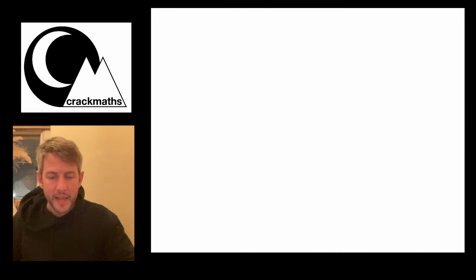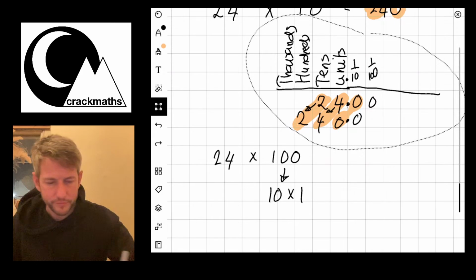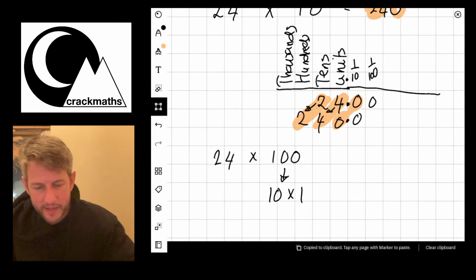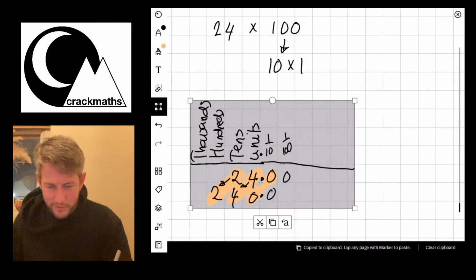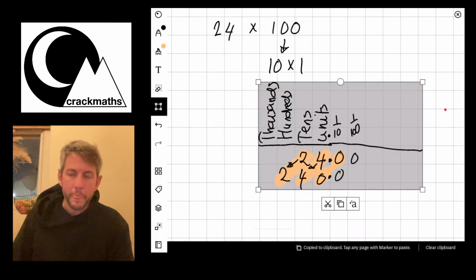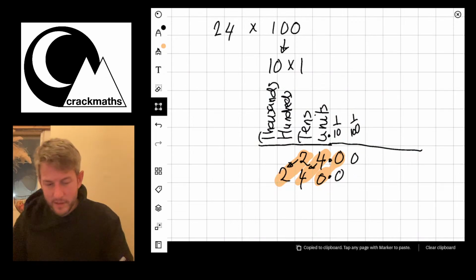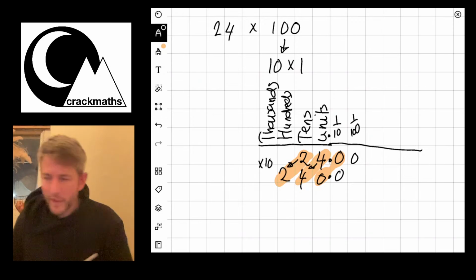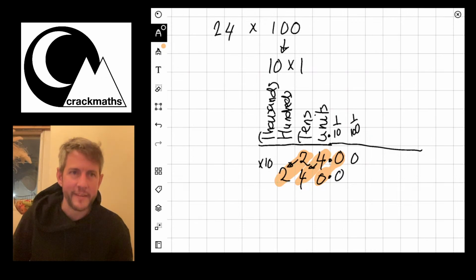So let me copy this out and paste it down here. What we can see here is we've already done the multiplied by 10 once. So from here to here was times 10. So what we now need to do is to times this all by 10 again.